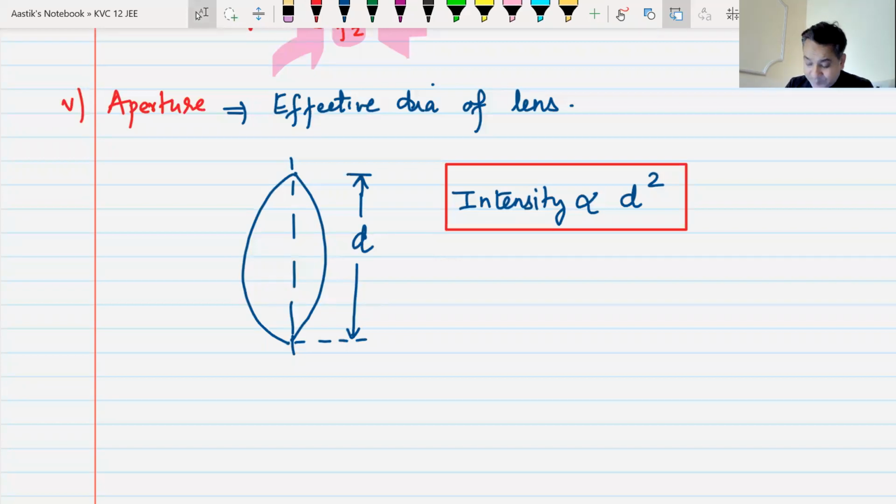Then the next thing is power of a lens. We had seen the power of the mirror. Now we see the power of a lens. Again, it is in diopters. How do I find the power of a lens?